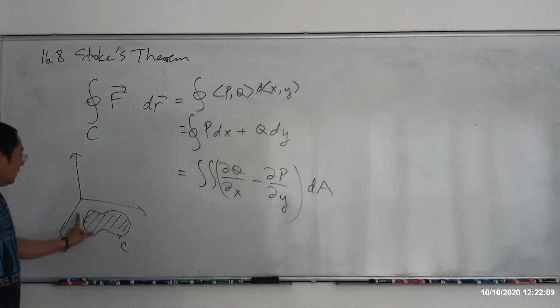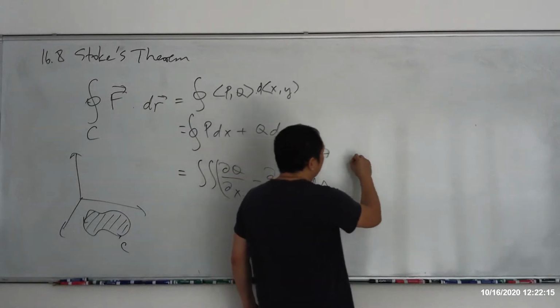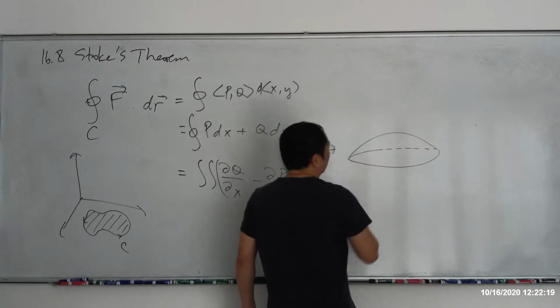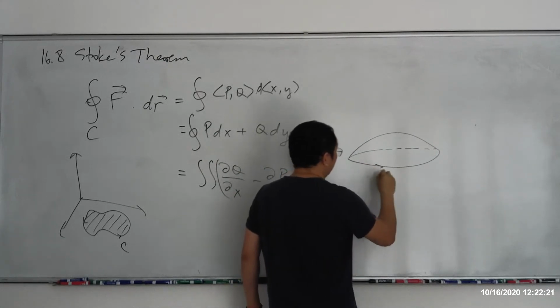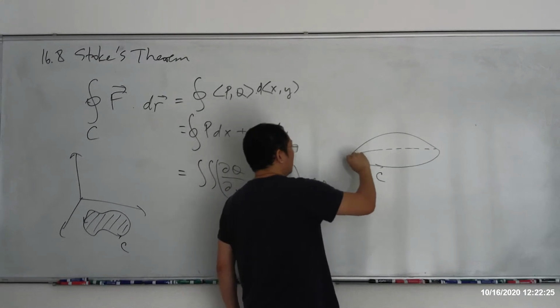The region that we're talking about, the curve right here, the region may not be flat on the xy plane anymore. In other words, this is your closed curve C right here, and this is the region that we're talking about.